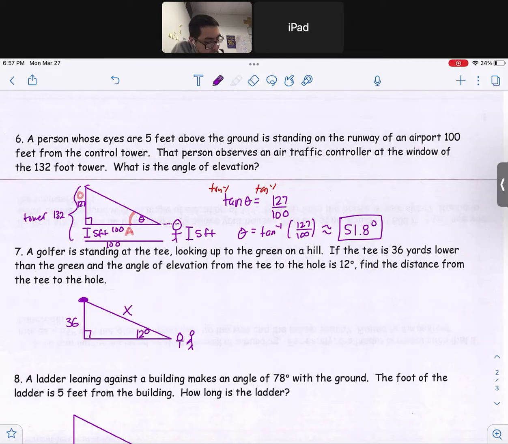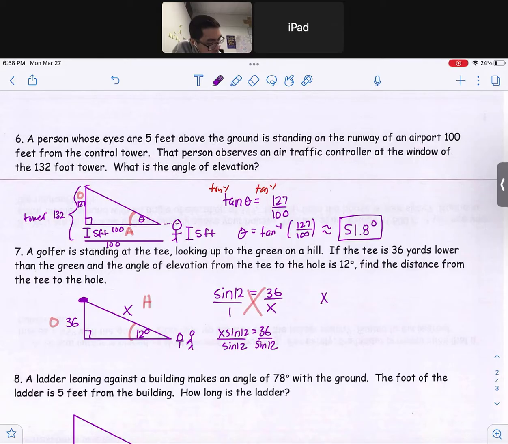So, from the perspective of this angle, opposite over hypotenuse, so sine of 12 degrees equals opposite over hypotenuse. Cross multiply. We got x sine 12 equals 36, and divide both sides by sine 12.